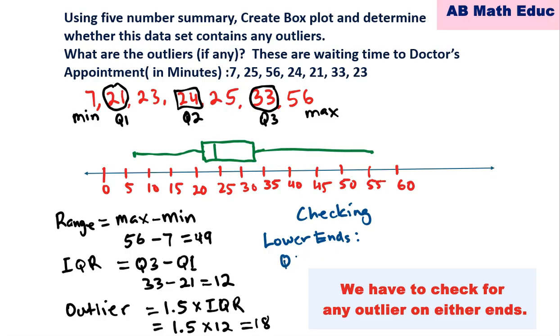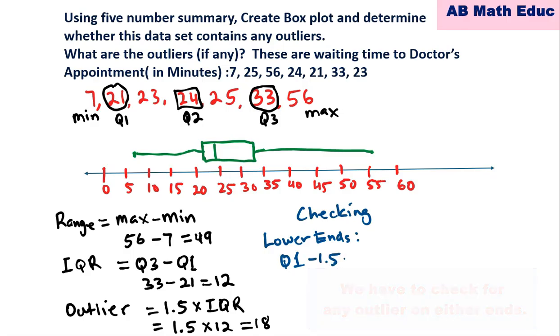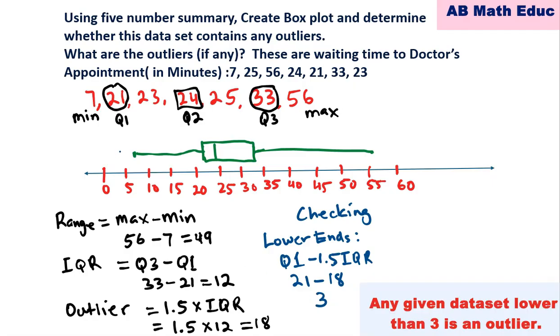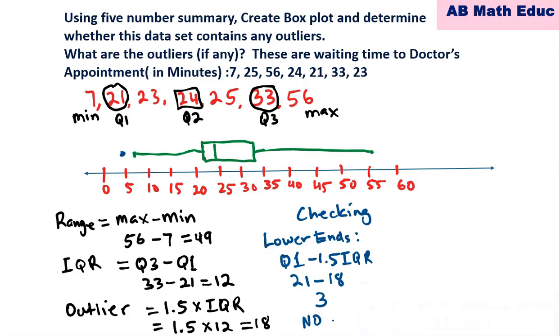So that's going to be Q1 minus the outlier base that we calculated. So it's going to be 21 minus the 12. And that gives us 3, and we put it in there. So any number beyond that will be an outlier.